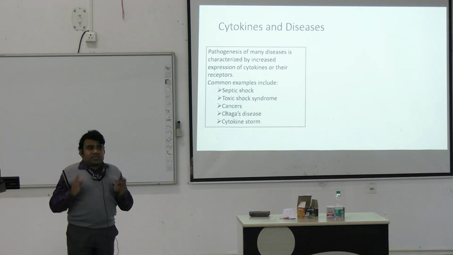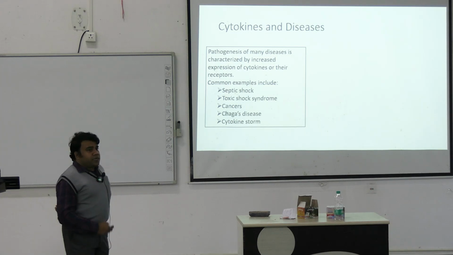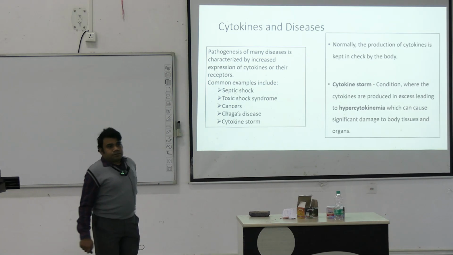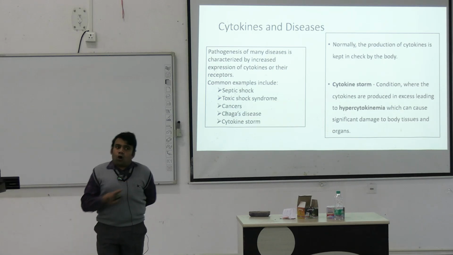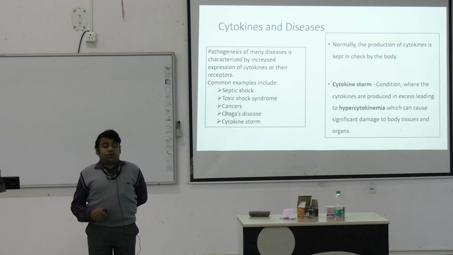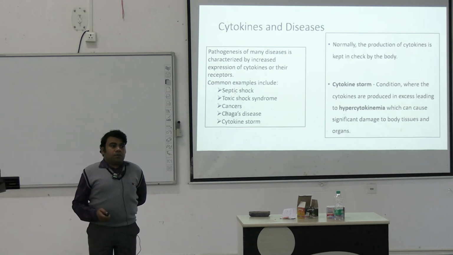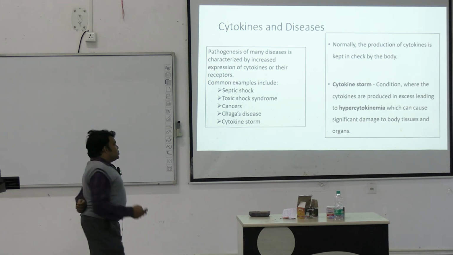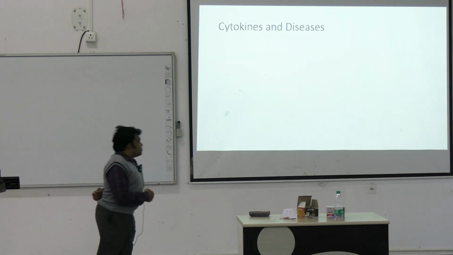And if this is not controlled, it can lead to what we call a cytokine storm, and almost all organs of the body may be affected, and it may lead to many other conditions like macrophage activation syndrome or MAS. Sometimes it may even lead to HLH or hemophagocytosis. Okay, those are for a different time.